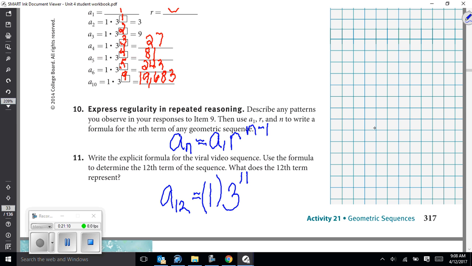So now we're going to take 1 times 3 to the 11th. $177,147. So at the 12th stage, this is how many people we're adding to our views.